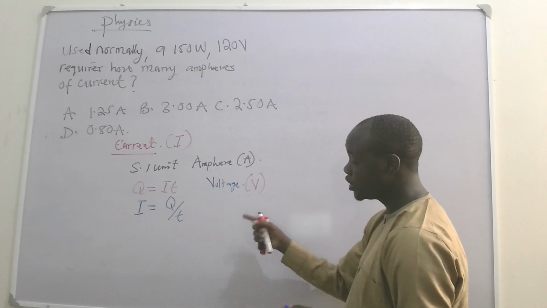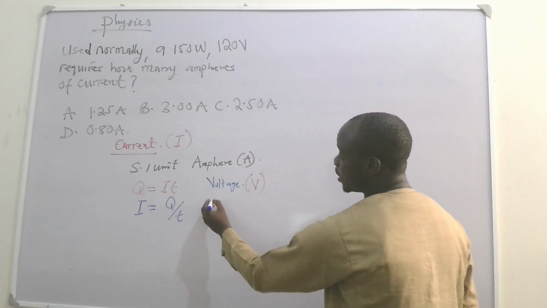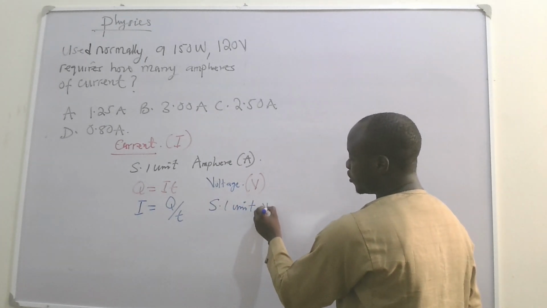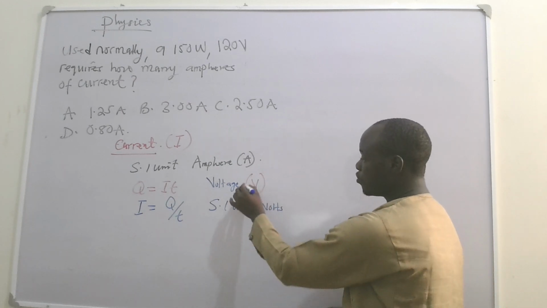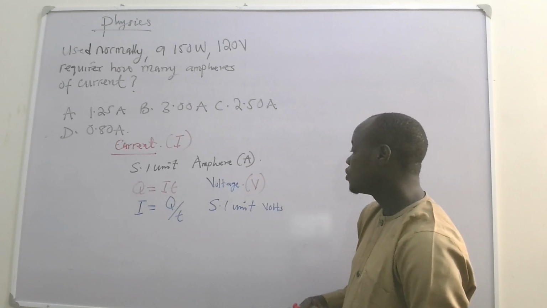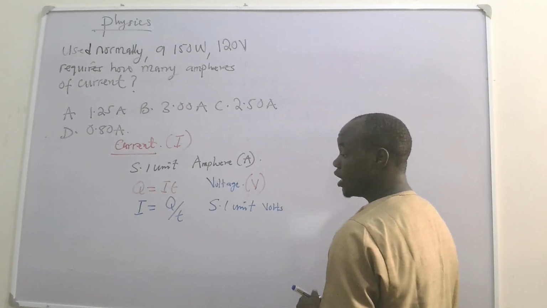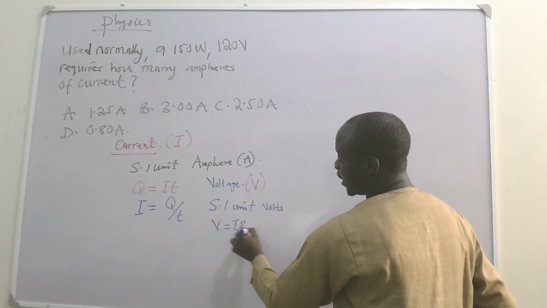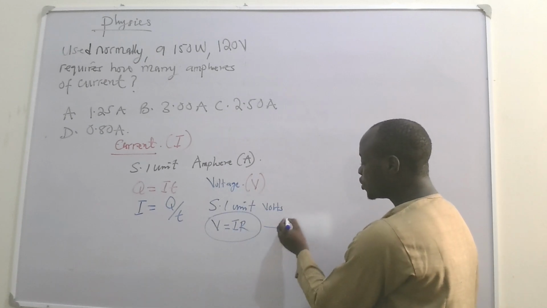The voltage also has an SI unit, and the SI unit for voltage is the volt. In addition, the voltage has its own formula, V is equal to IR, and we get this from what we call Ohm's law.